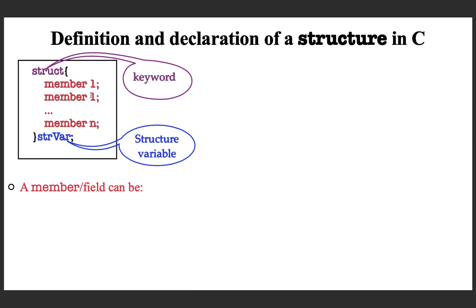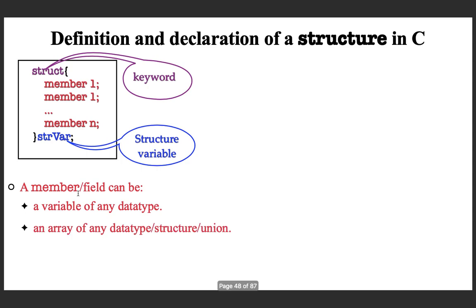A finite number of members could be there, and a member can be a variable of any data type like int or float, or it could be an array of any data type. As a member of the structure, you can have a one dimensional array, or two dimensional, or three dimensional, whatever you need.